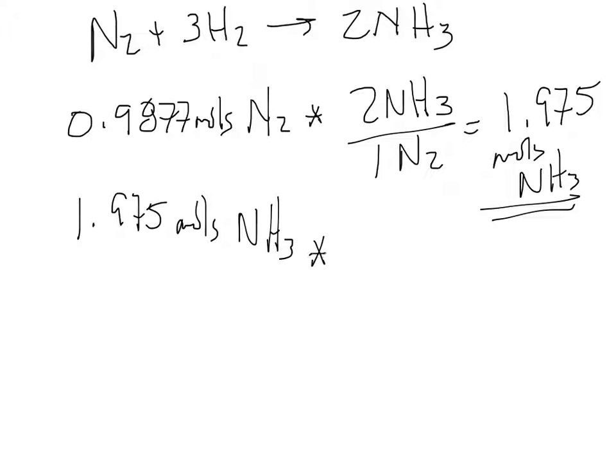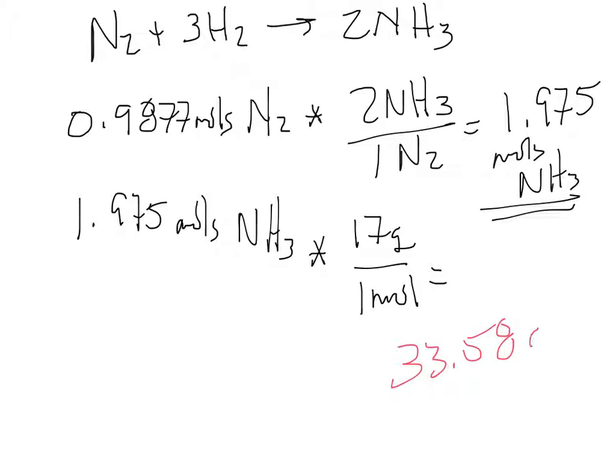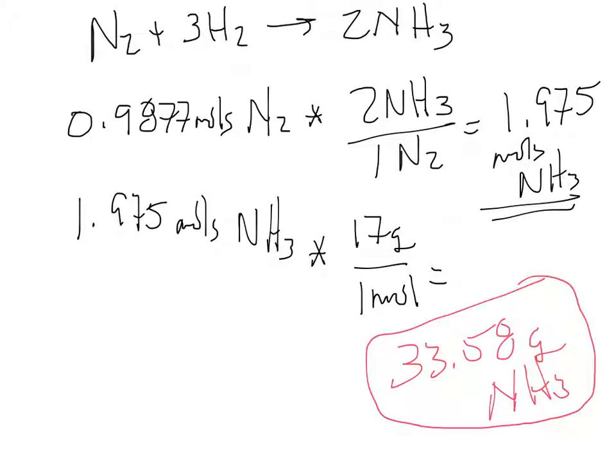Well, if I multiply this by 17 grams in 1 mole, I see that I get, for my answer, 33.58 grams of ammonia. So there's one of my answers. And the next thing it asked me for was how much volume this was. So we'll go to the next page and solve for the volume.